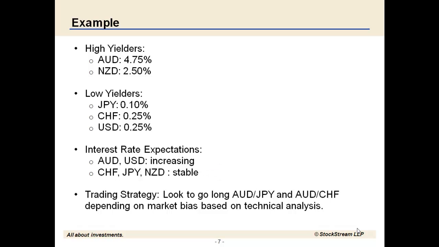Currency pairs involving the AUD against the JPY and CHF are ideal candidates for carry trade longs. We will use technical analysis strategies developed in the previous sessions to look for buying opportunities in Australian dollar, Japanese yen, and Australian dollar, Swiss franc pairs.